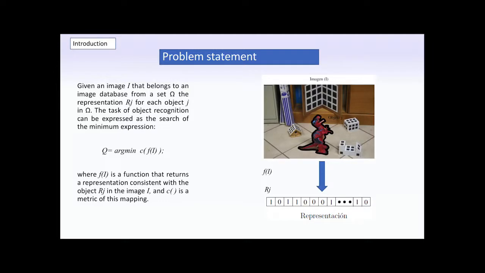Given an image I that belongs to an image database, and the representation for each object in the database, the task that we need to solve is the task of object recognition, expressed as the search of a minimum expression, where the function that is applied to the image returns a representation consistent with the object in the image.